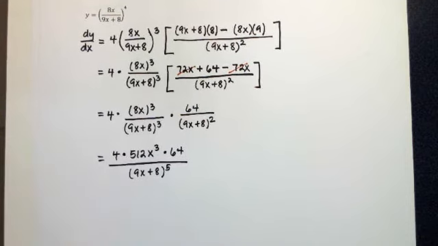Now let's multiply the numerical terms here. 4 times 512 times 64. That's going to be 131,072.